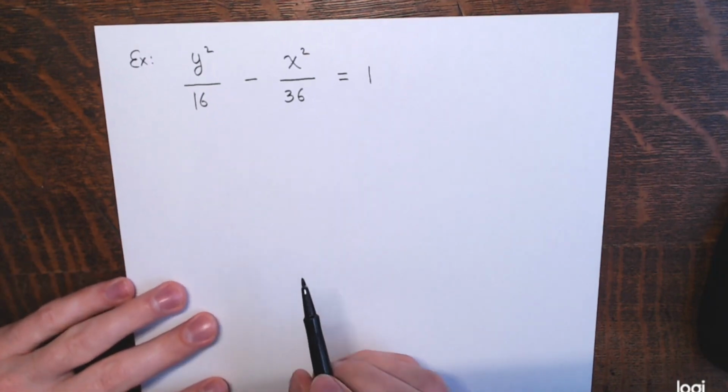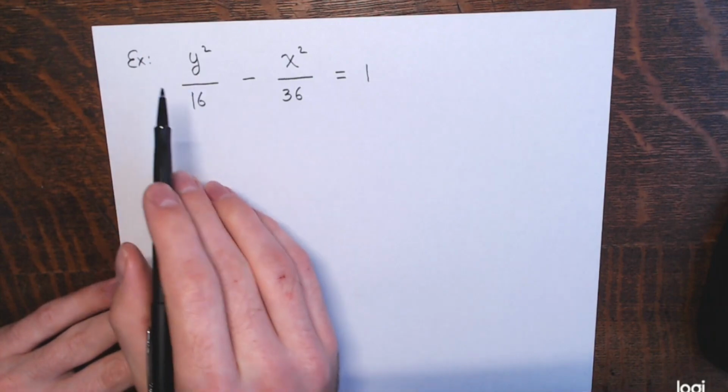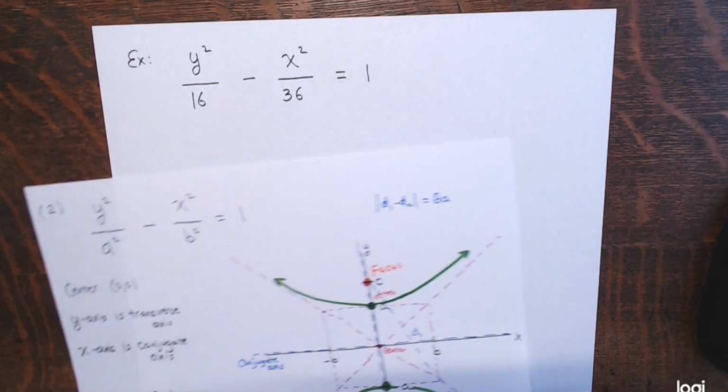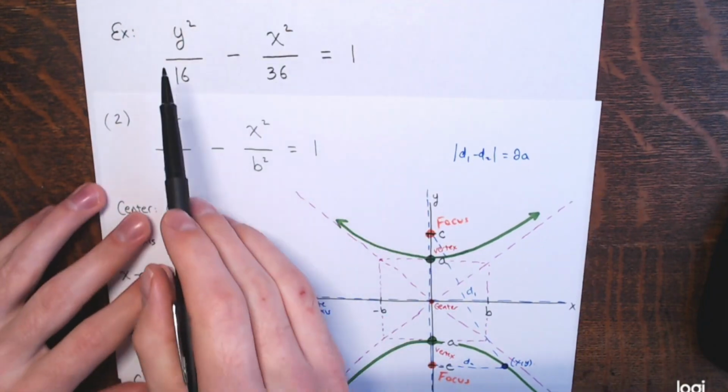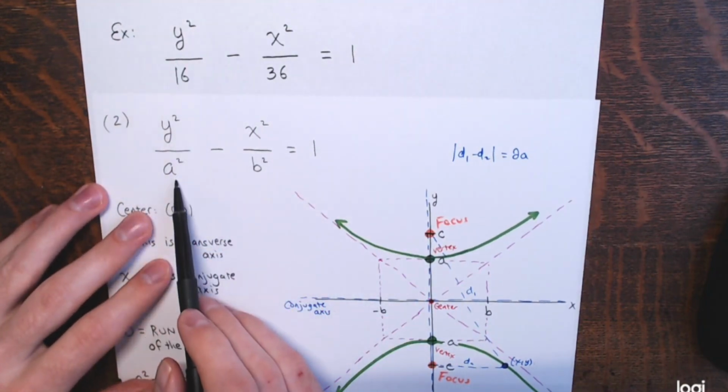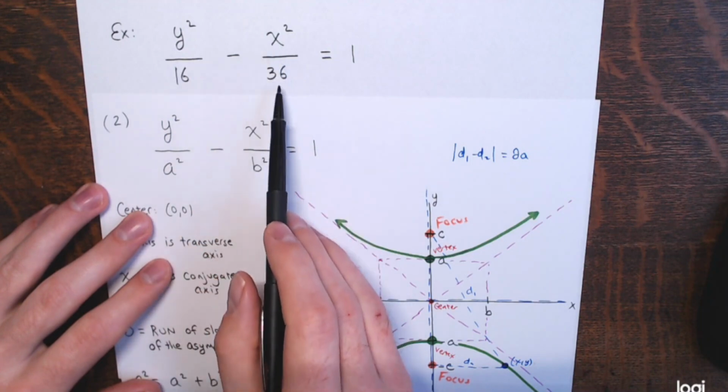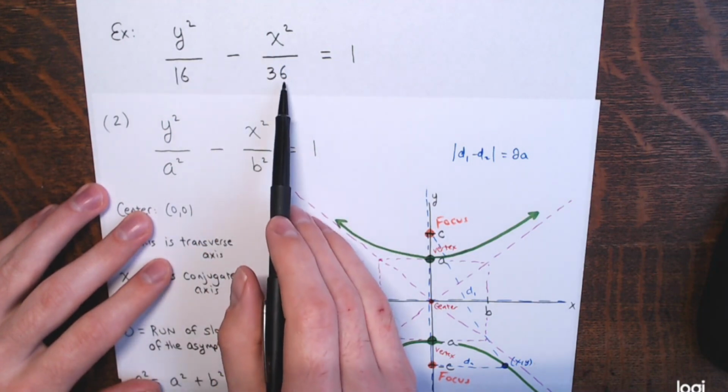Should always be equal to 1. So here's your y squared over a squared, just like the second version I showed you. It's y squared over a number, that's a squared, minus x squared over a number, that number is b squared, equals 1.